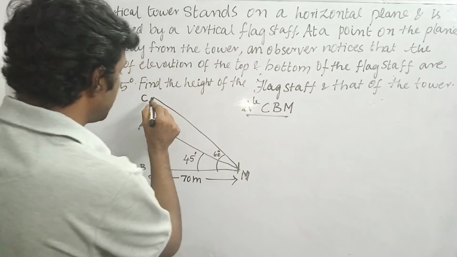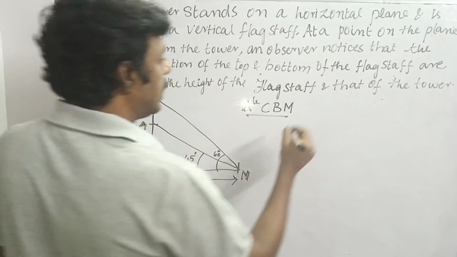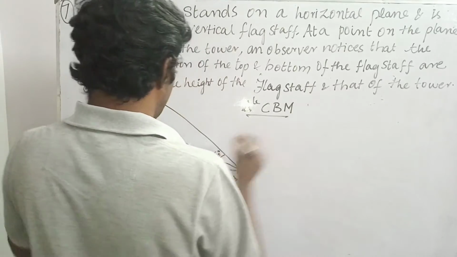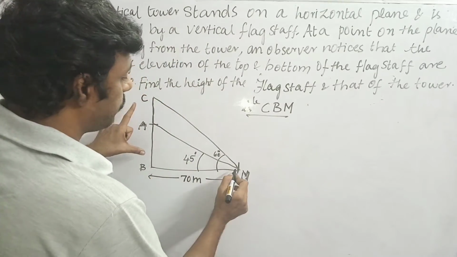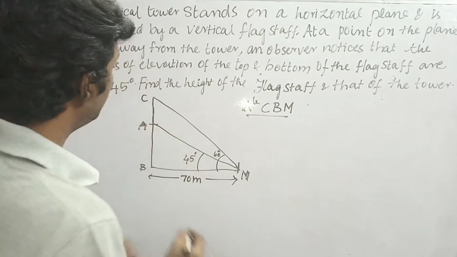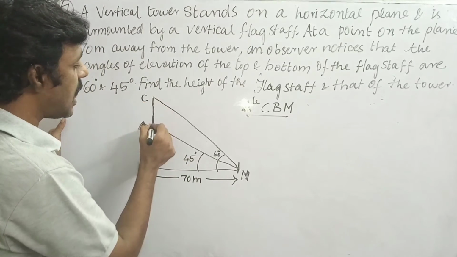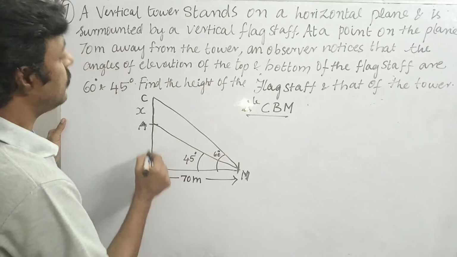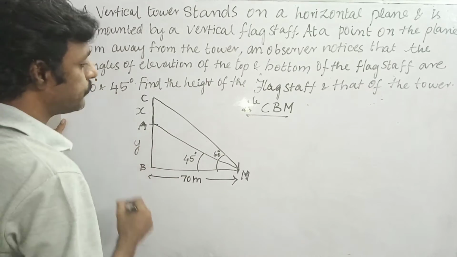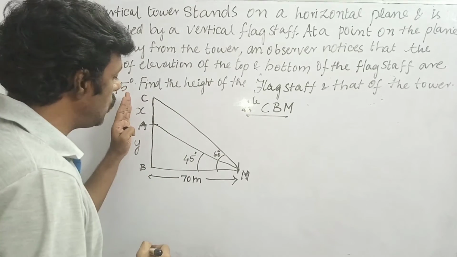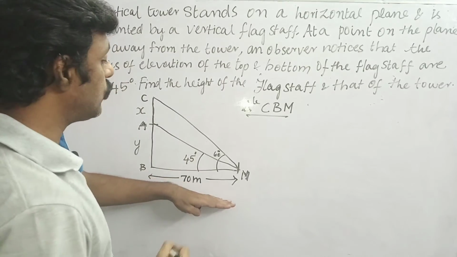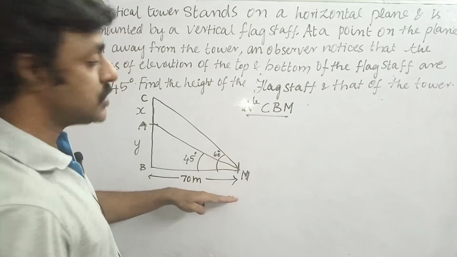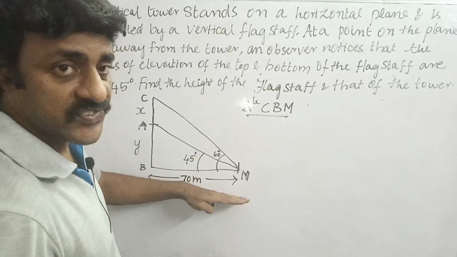If you consider triangle CBM, let us assume the height of the flagstaff be x and the height of the vertical tower be y. So you have this angle, so opposite side as well as adjacent side you have.